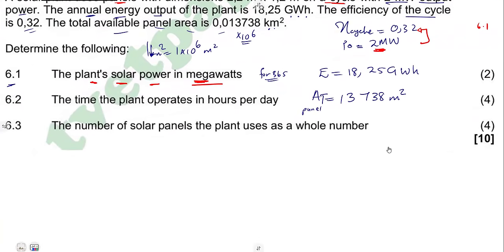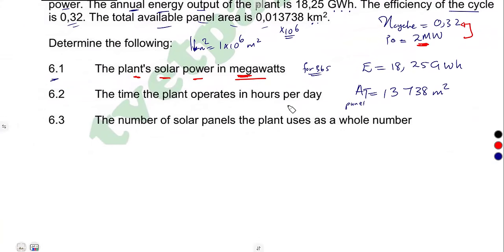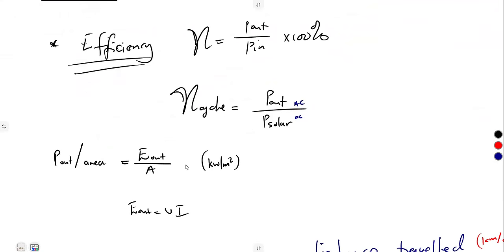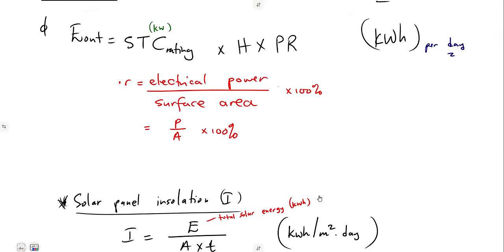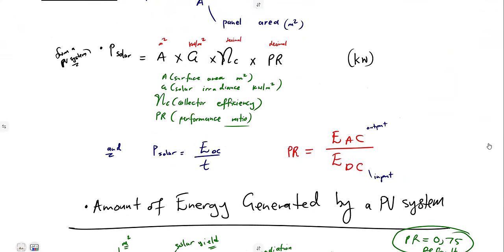All right. Then the time the plant operates in hours per day. We need the time in hours per day. We have the power. Remember, power can be taken when we have energy and time. If we've got energy and time, we can have the power here.